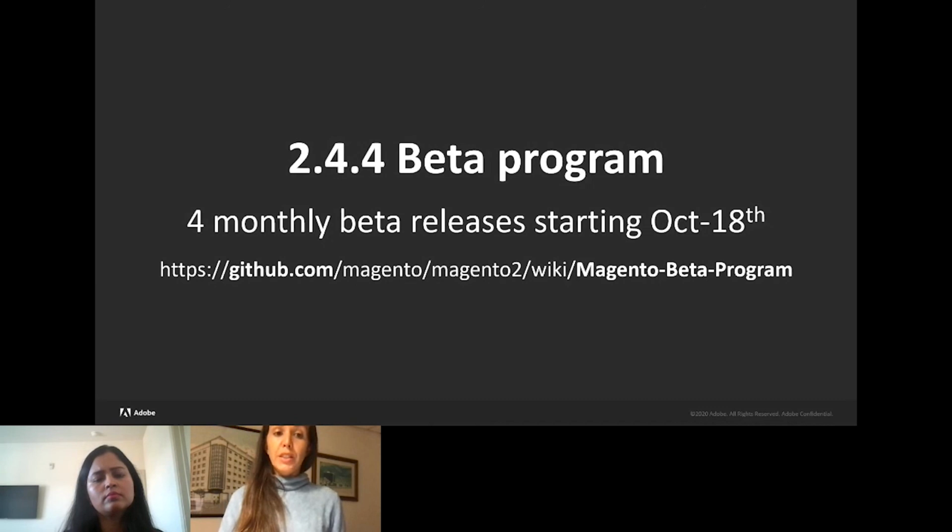If you subscribe to the program, and you have all the information on the GitHub Magento Beta program wiki page, you will be able to get very early code for what we are expecting to release in 2.4.4. You will also be able to share feedback to help us address any issues that are potentially identified. So again, we invite you to join the beta program.